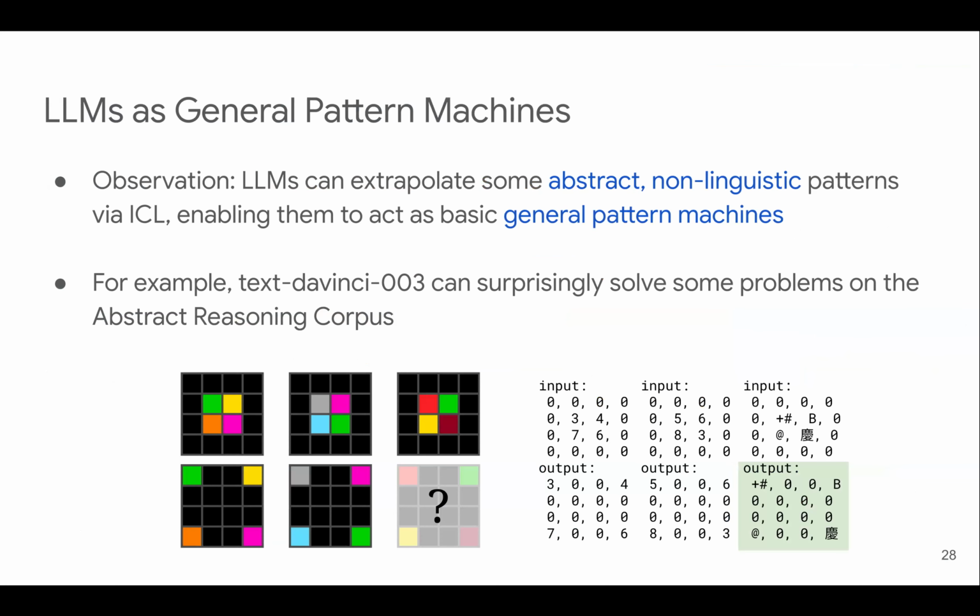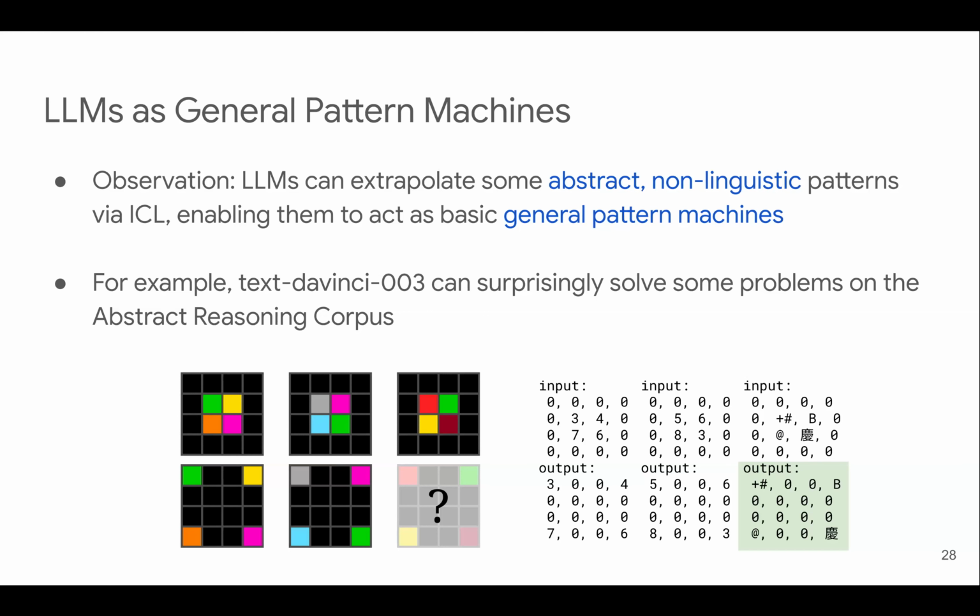So one thing we try to do is take the most general patterns that we could, which came from the abstract reasoning corpus, which is essentially a written IQ test. It's recognize these patterns and then figure out what the next step is. This one's relatively simple, but I've gone through a lot of them, and some of them get very difficult.